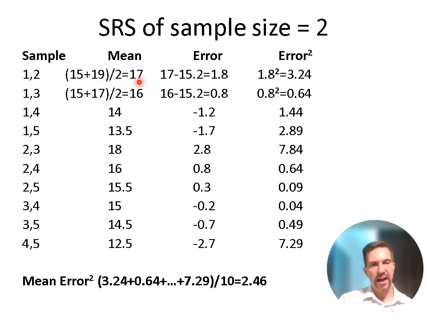So I get an average sales for this particular sample of 17. You can do the same thing if instead you get store 1 and 3. In this case, the sales are 15 and 17. When you average them by adding them and dividing by 2, you get an average sales of 16. And like we did with these two, you can do with all of them. Here you have the results.